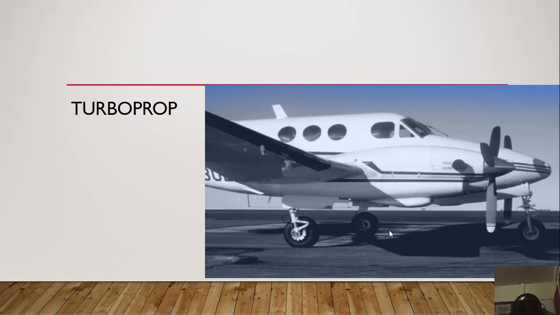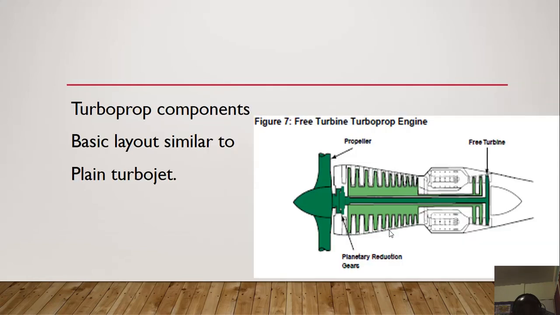Now we move to the turboprop. That's a torque producing engine. Turboprop components, basic layout. We have a propeller, then planetary reduction gears, then a free turbine.